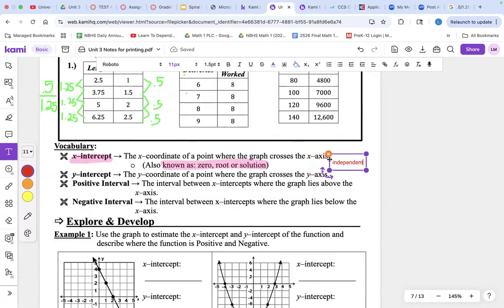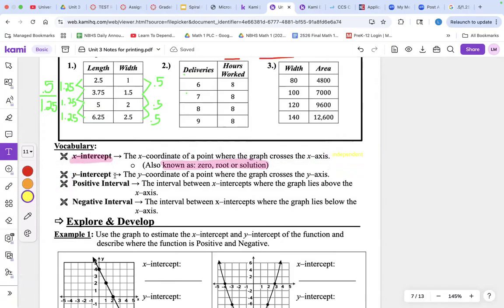All of those refer to your x-axis. Independent, zero, root, solution. Now your y-intercept is simply where it crosses your y-axis. It has no other names.